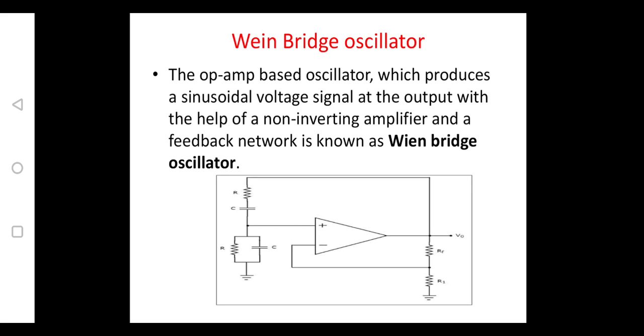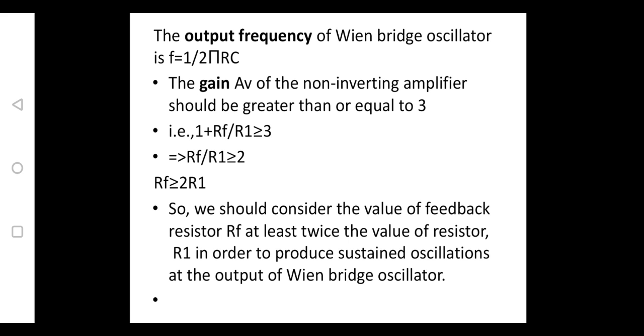And the next type of circuit is the Wein bridge oscillator. In the case of a Wein bridge oscillator also, the output is a sinusoidal waveform. The structure of this Wein bridge oscillator is such that it is connected in an inverting mode of an op amp, so that we get 180 degrees of phase shift, and the remaining 180 degrees of phase shift we get through the tank section.